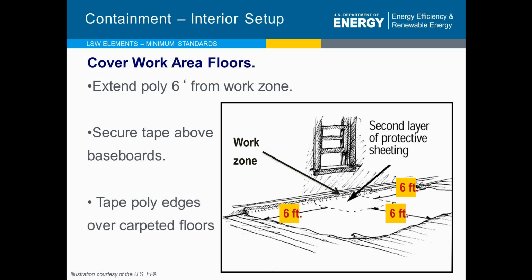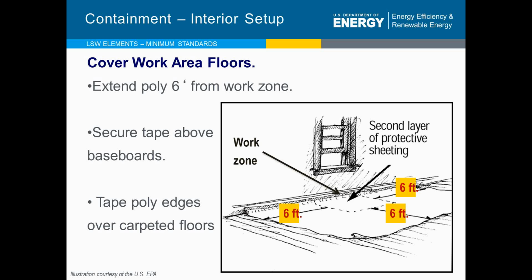And you see in this illustration that we have defined a work zone, an area that comfortably the worker or workers can stand and work, stow their tools, have room for packaging up debris and so forth. And it's from that perimeter that we measure out 6 feet in all directions, and that becomes our minimum as far as containment.